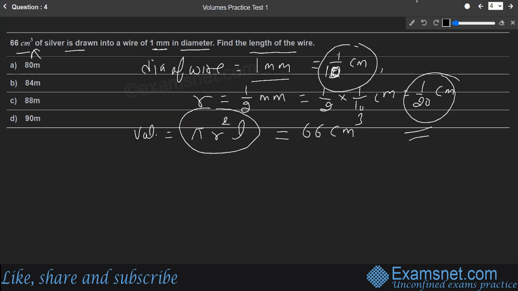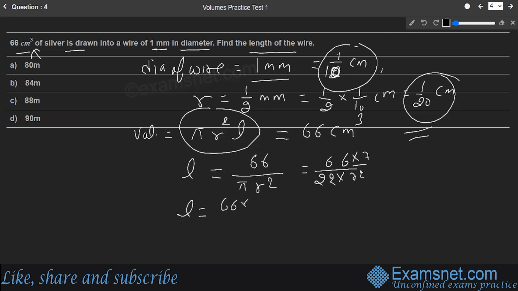Now we can put the values. We can generate the expression for L directly. That is going to be 66 divided by pi r square, which will be 66 divided by pi value 22 by 7 into r square, so 7 will go up. If we put down the value of r here as well, length is equal to 66 into 400 into 7 divided by 22, which gives us the final value as 8400 centimeter as the length of the wire.